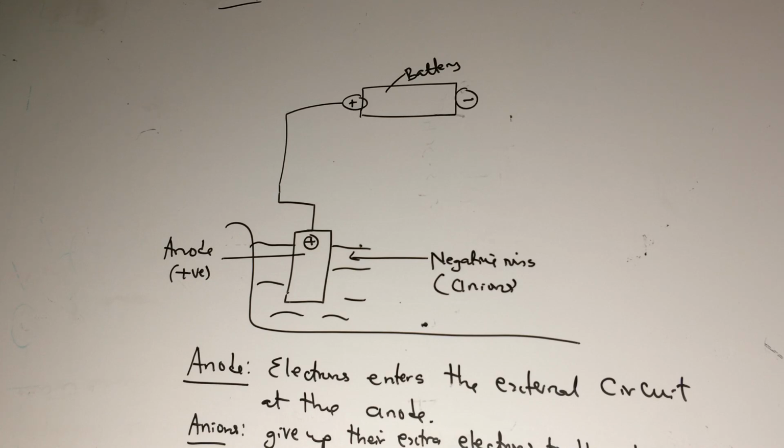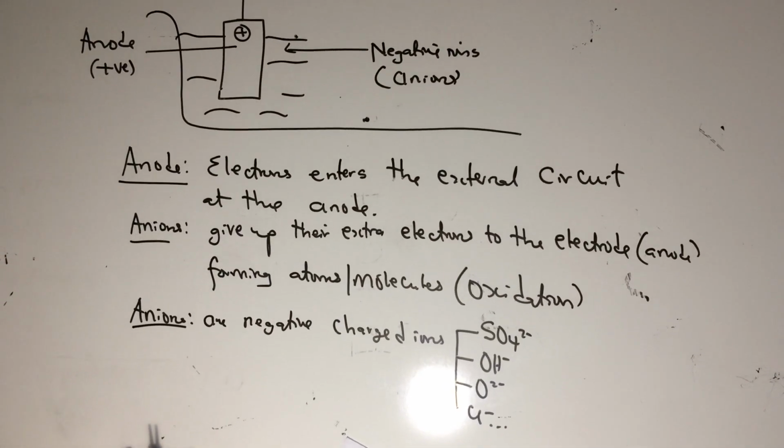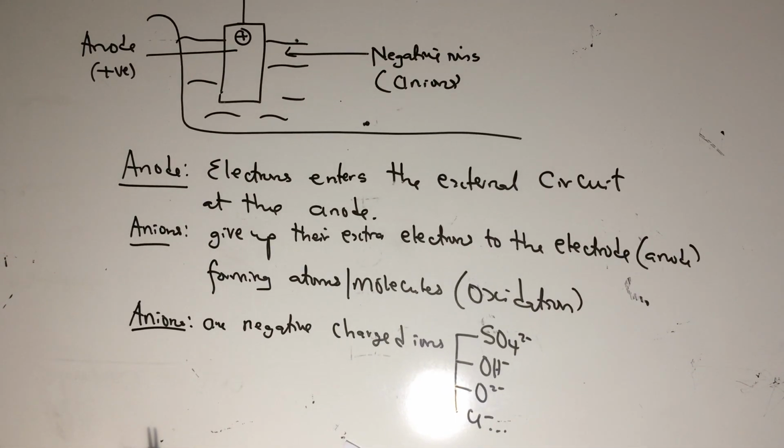Now what really happened? The anions that are attracted to the anode give up their extra electrons to the electrode, that's the anode, forming atoms or molecules. These negatively charged ions, known as anions, give up not all their electrons, just the extra electron, the electron they gained before, to become their respective neutral form again.